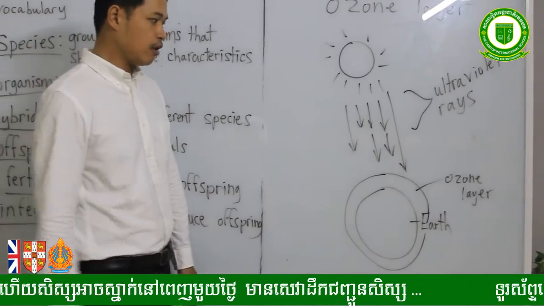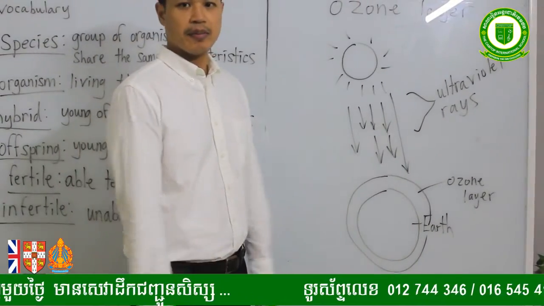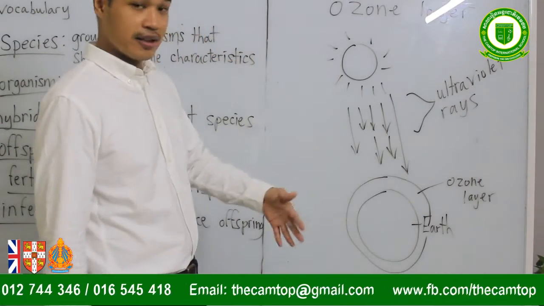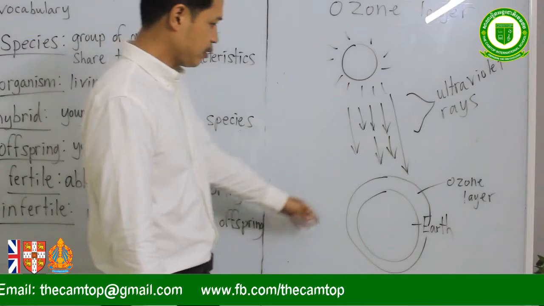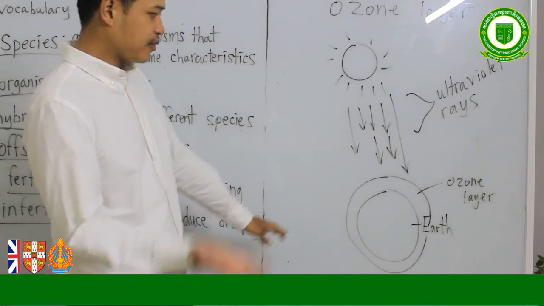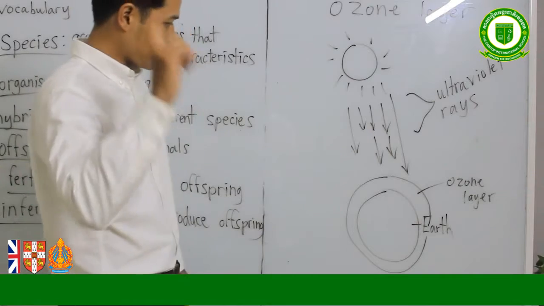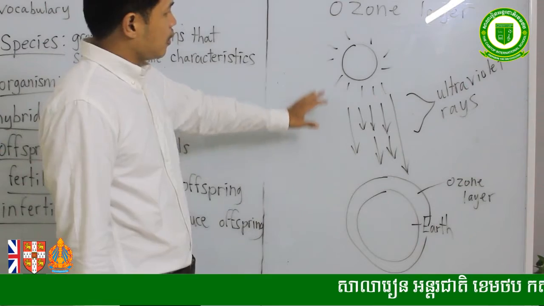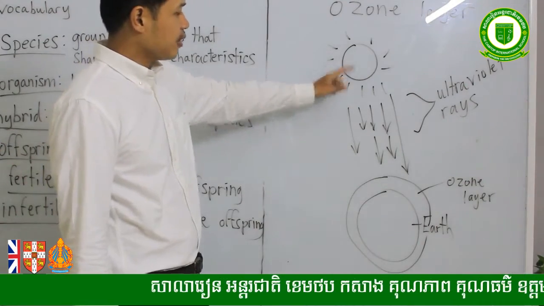The ozone layer is a gas. Remember the three states of matter? Solid, liquid, and gas. The ozone layer is a gas, found in the atmosphere, in the sky. That is our sun.